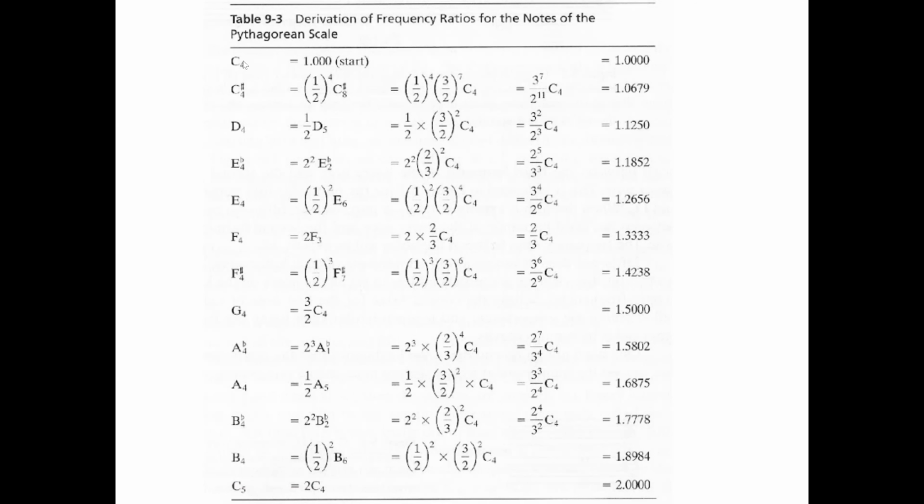Ideally, this would give us 1.25 for that major third. But you'll notice this is actually 1.2656, which means we're sharp by quite a bit. You're talking about 0.0156. That's a fair amount of sharpness to the third.